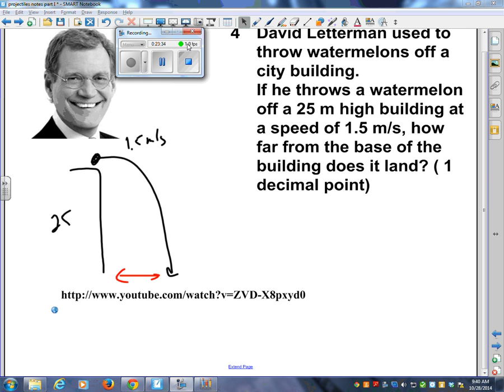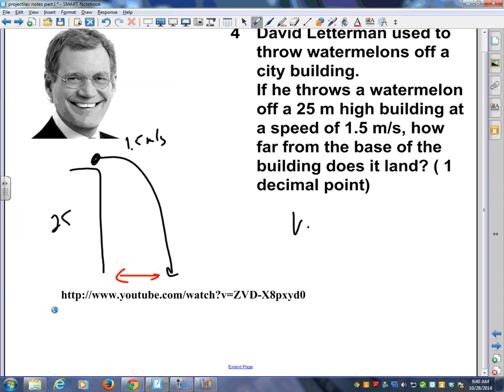First thing to do is find the time of fall. We did that with d equals d-i t plus 1/2 a t squared. It's minus 25 meters.